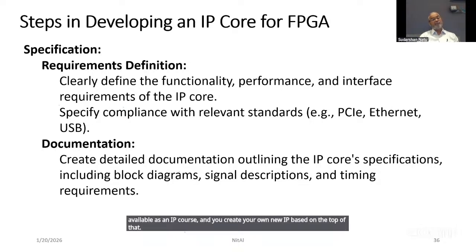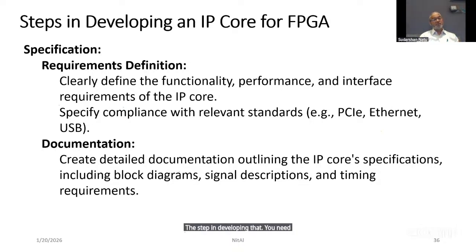Then the steps in developing that: you need to draw a good specification, understand requirements, and find out what is the generic thing you would like to do. Are there any compliances to be met? So all that checklist has to be done. That is how you will create it.